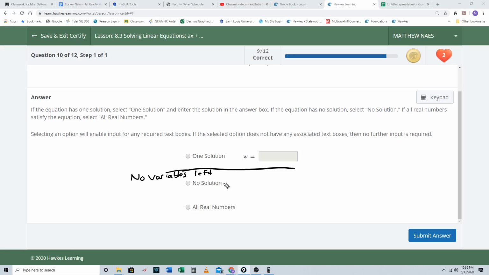So when you solve and you get something like 3 is equal to 5 or negative 2 is equal to 7, then there's no solution. But if you solve and there's no variables left and you get 10 is equal to 10, or 0 is equal to 0, or 5 is equal to 5, or negative 5 is equal to negative 5, doesn't make a difference. When you get the same number, it's all real numbers. But if you have different numbers, no solution. That's how you know which one it is. Basically, the variables have to cancel out, then it's going to be one of these two. You can tell by what's left over.